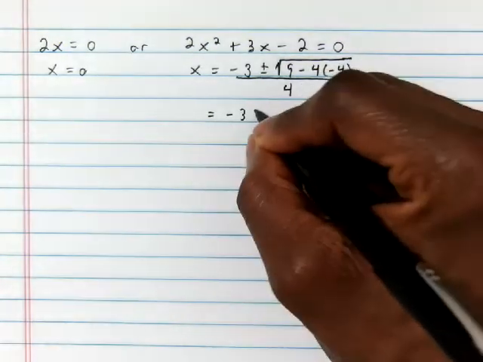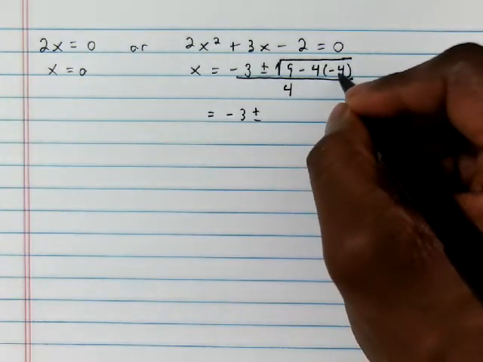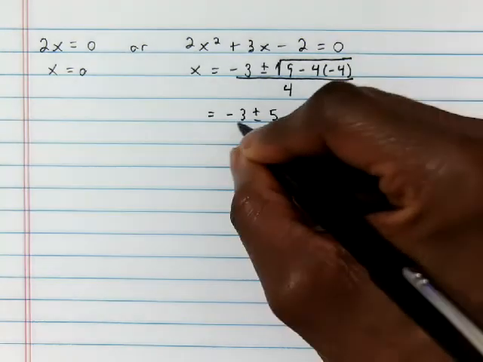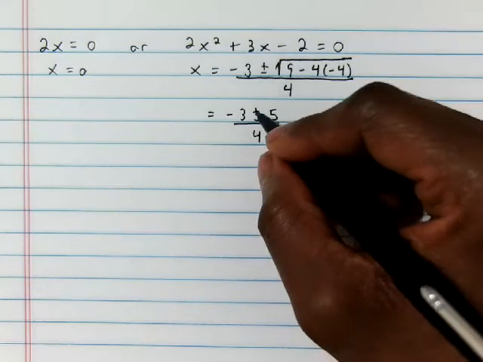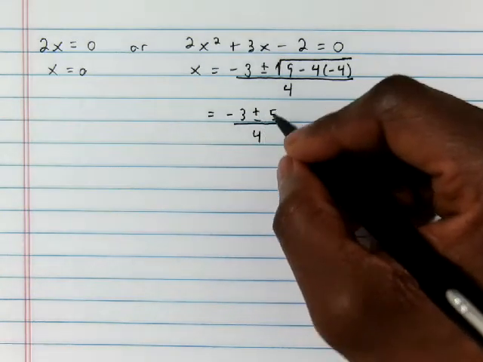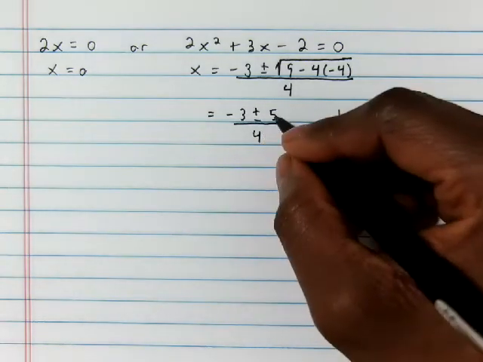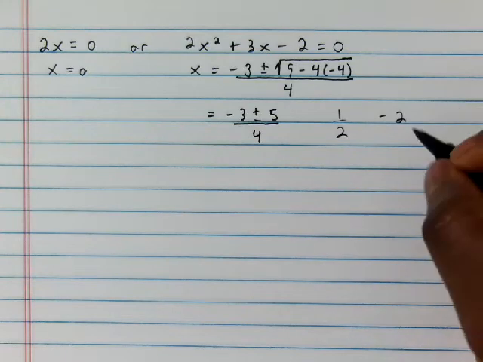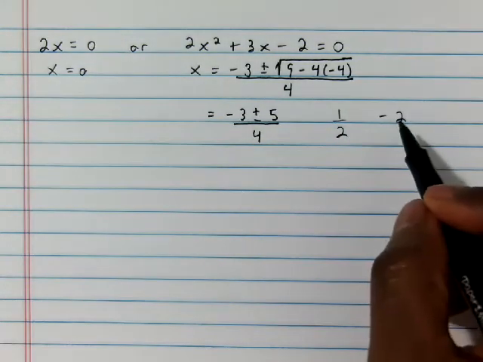Here we get 9 plus 16, which gives us 25, and the square root of 25 is 5 over 4. So we get 2 points here. Negative 3 plus the 5 gives us 2 over 4, so we get 1/2. And negative 3 minus the 5 gives us negative 8 over 4, which is negative 2. All right, so we got x equals 0, x equals 1/2, x equals negative 2.